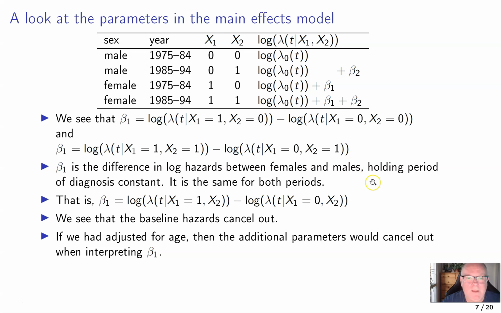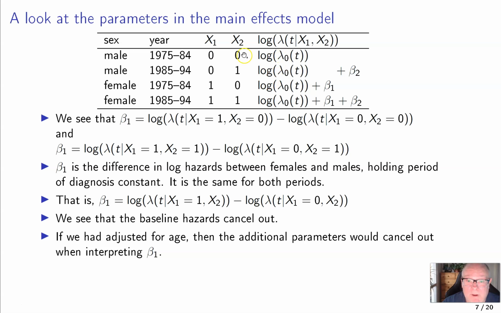Now, I'm going to look at a table, and this is the main effects model, where for each of the 4 classes of patients in our data, this is the predicted value of the outcome. So when both covariates are 0, it's just the log baseline hazard.